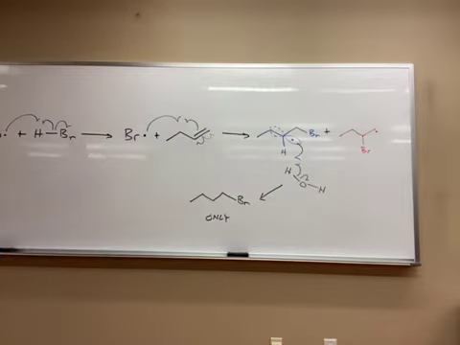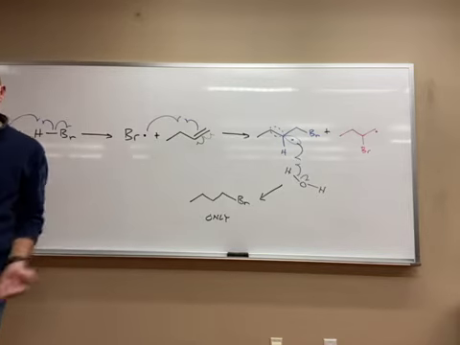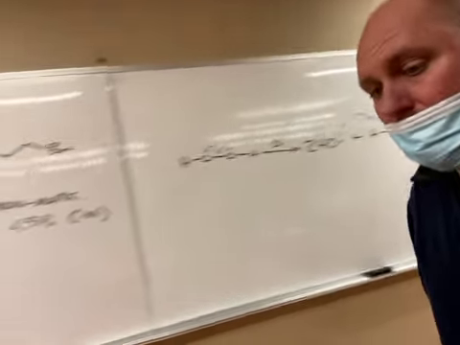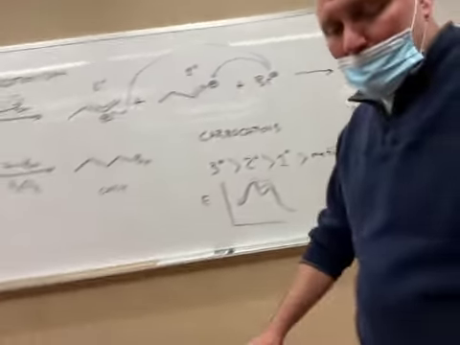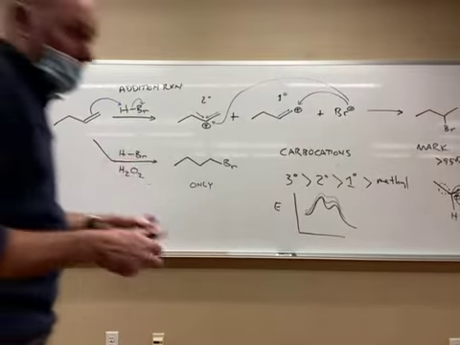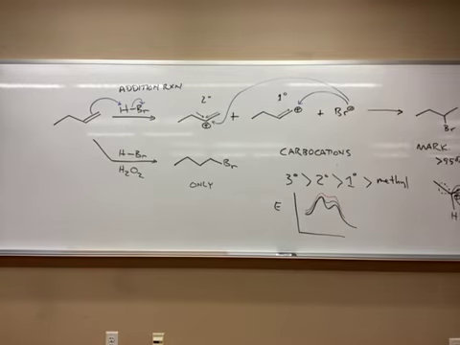Three reactions. Sodium ammonia, AIBN with tributyl tin, and non-Markovnikov free radical bromination. Okay, so let's put this together. Because that's it. We're done with chapter 12.